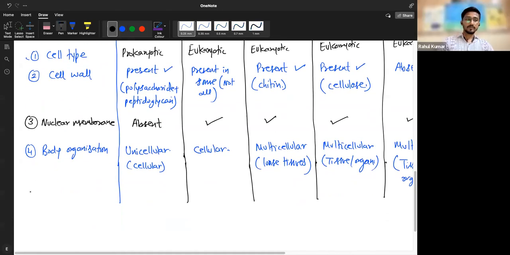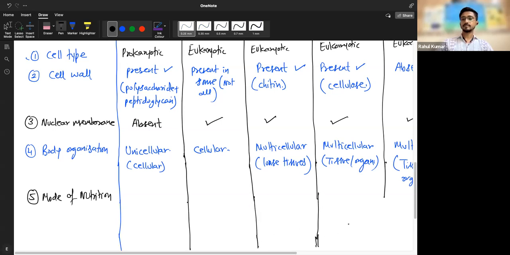Okay, now the fifth and final thing is the mode of nutrition on which it is classified. When Linnaeus gave the two kingdom classification system, there were two modes, autotrophic and heterotrophic.